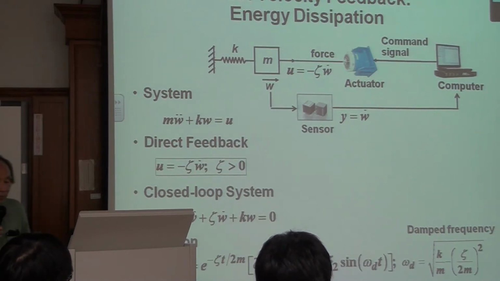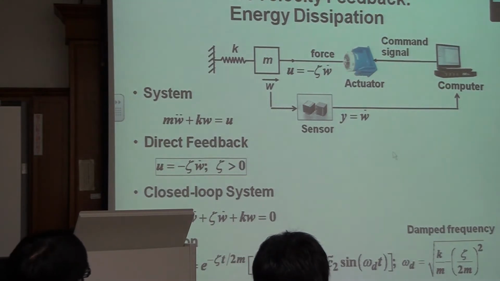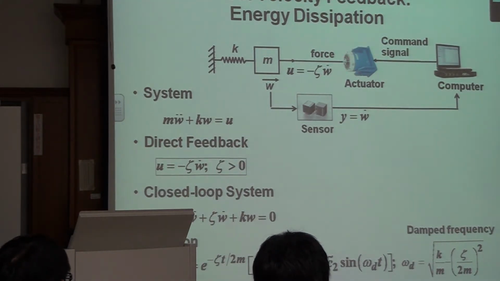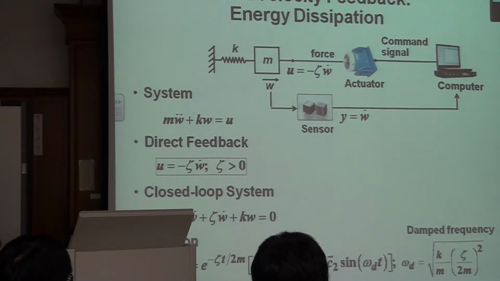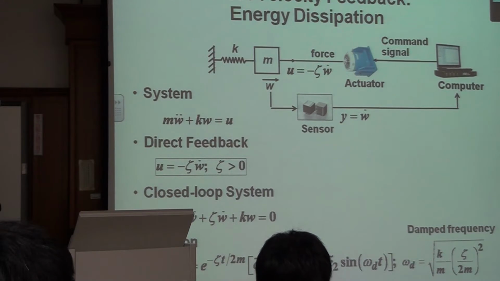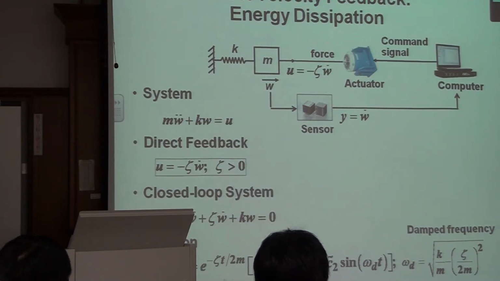Then my transient response becomes like this. And now our frequency has been changed by zeta here. If zeta is small, it doesn't change much. But the important thing is we have an exponential function here, e to the minus zeta t divided by 2m.